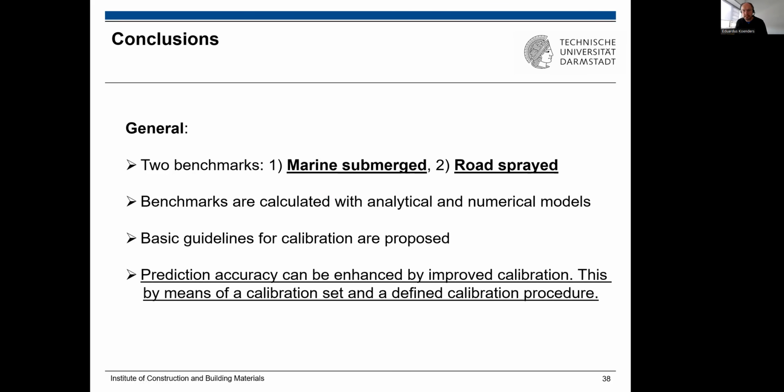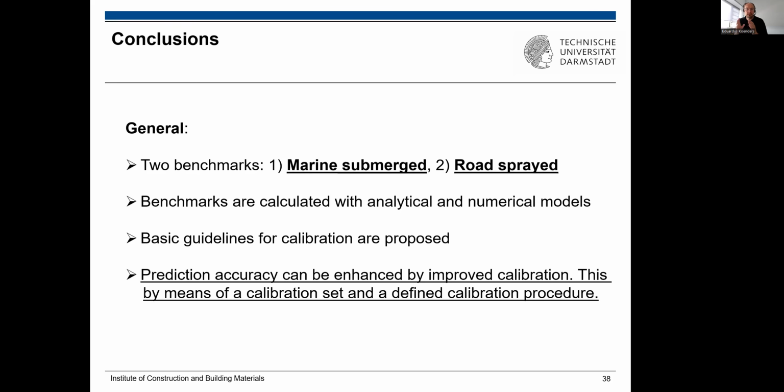But in general, you can say that the prediction accuracy of these models can only be improved when you improve the calibration. More specifically, we need a calibration set, with a procedure for how to calibrate models.